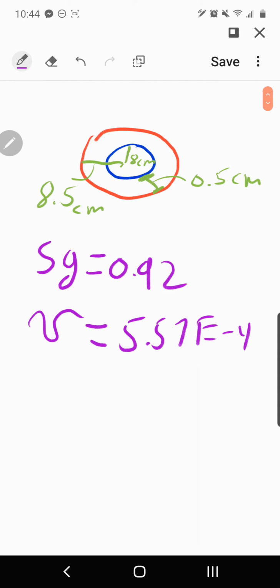Now we want to find the force needed to move the cylinder along the pipe at a constant velocity of 1 meter per second. Okay, that is our information for this problem. Yes, we're looking for a force.